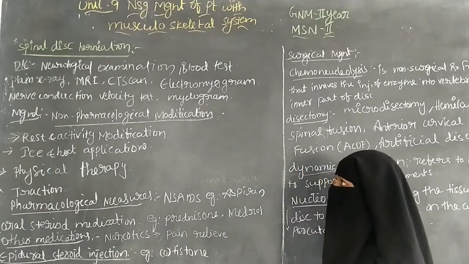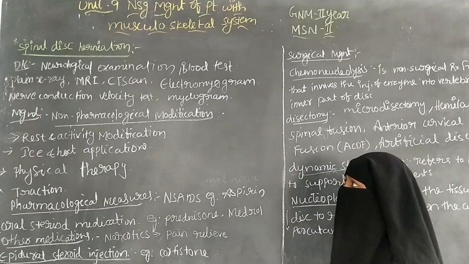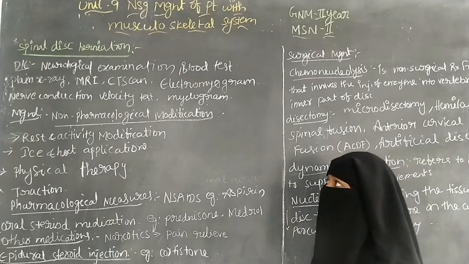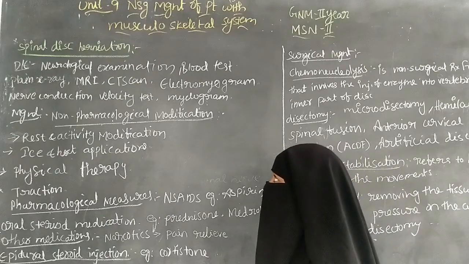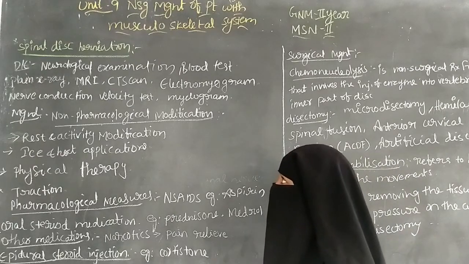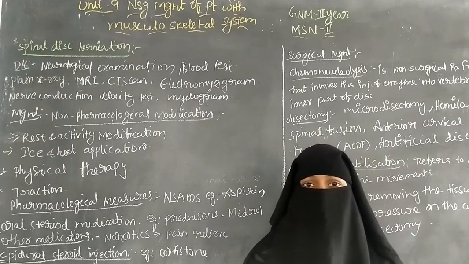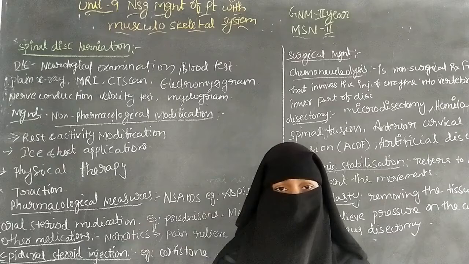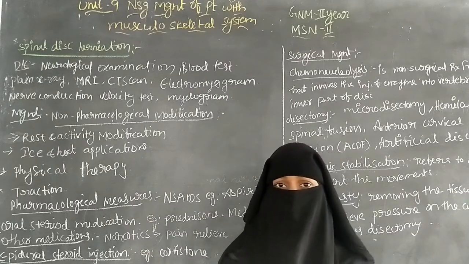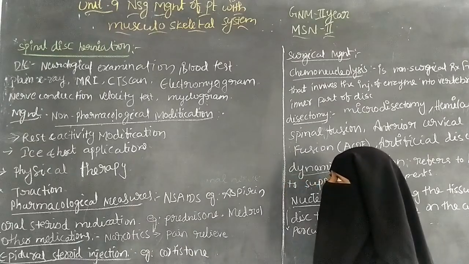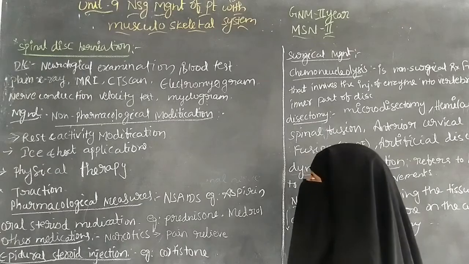And MRI, magnetic resonance imaging, is also used to diagnose spinal disc herniation. CT scan can also be used to diagnose disc herniation and other diseases like bone cancer.